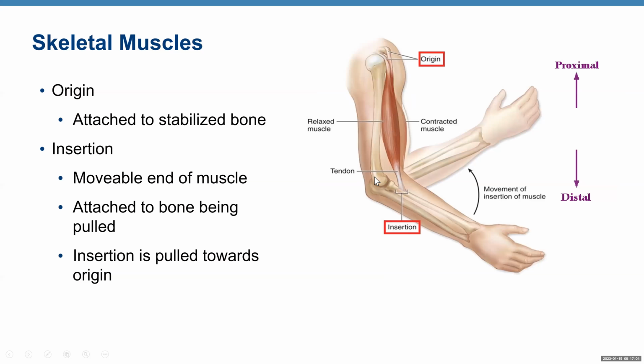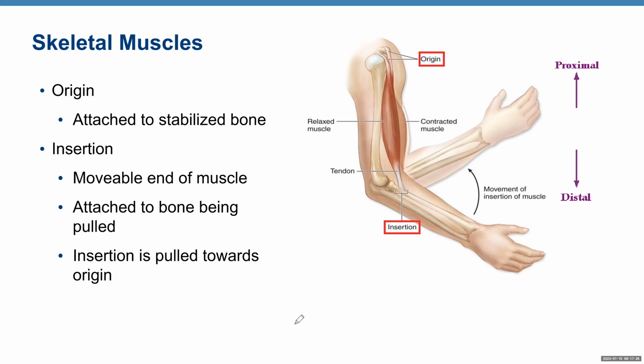Skeletal muscles have an origin that is attached to a stabilized bone, and an insertion. Insertion is the movable end of a muscle attached to the bone being pulled. Insertion is always pulled towards the origin.